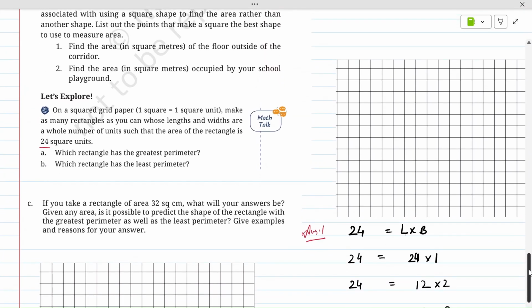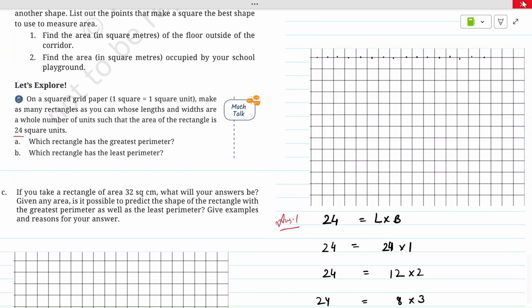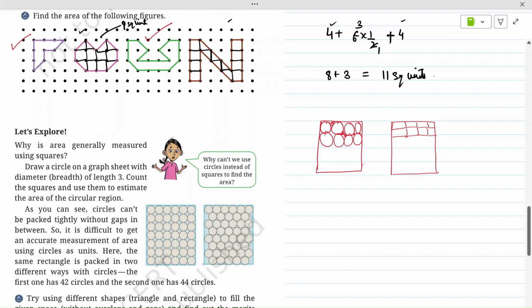Now let us try to do the first one. Try to pick the first one, 24 into 1. So we have to pick 24 squares. 1, 2, 3, 4, 5, 6, 7, 8, 9, 10, 11, 12, 13, 14, 15, 16, 17, 18, 19. So maybe 20. Okay, I'm making more.